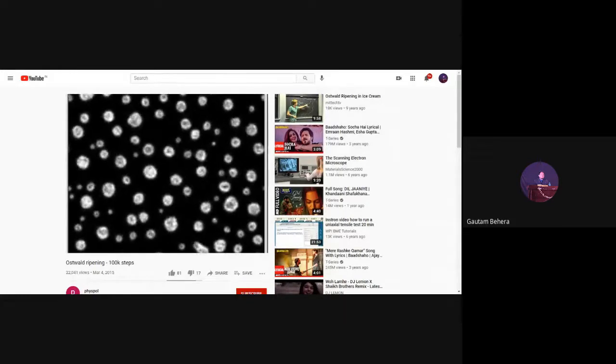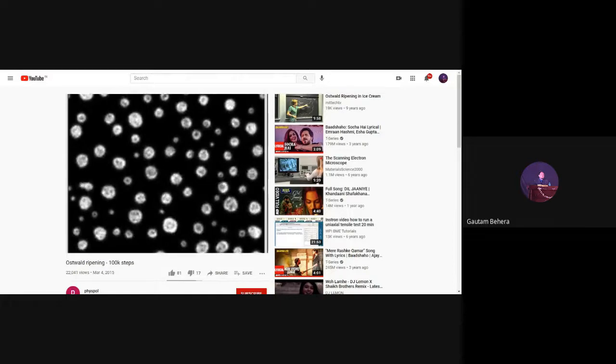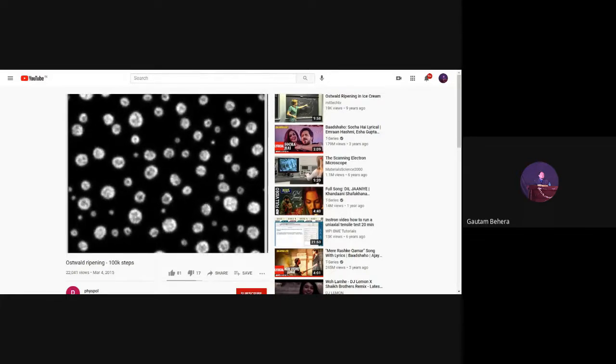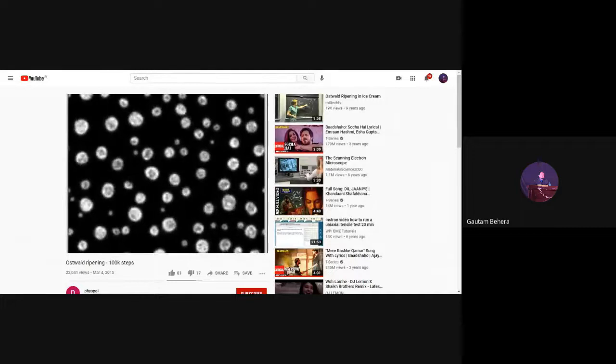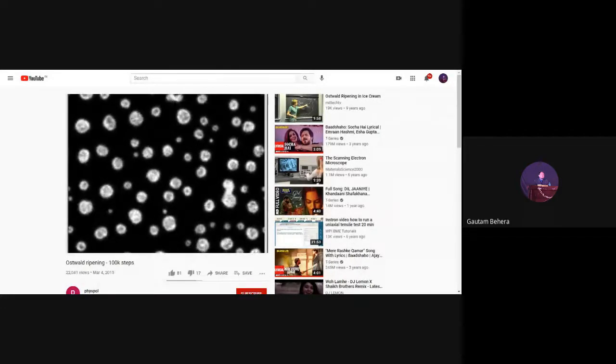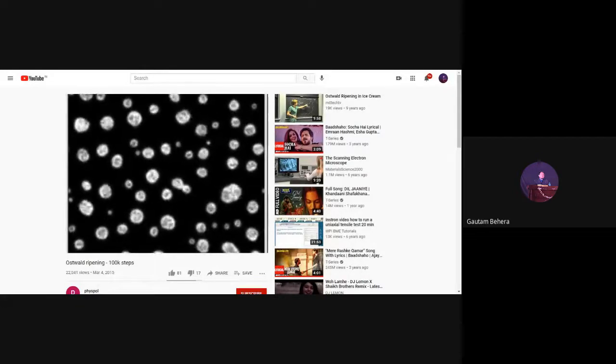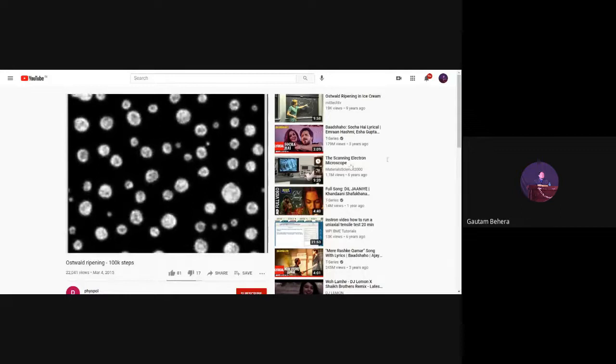Can you see the bigger particle engulfing the smaller particles and becoming bigger, and the smaller particle getting disappeared? So what will happen at the end of the time? You will have bigger particles. See, the bigger particle is becoming bigger with time.